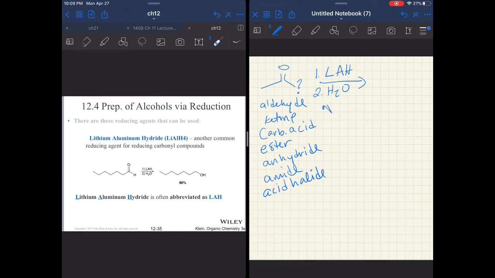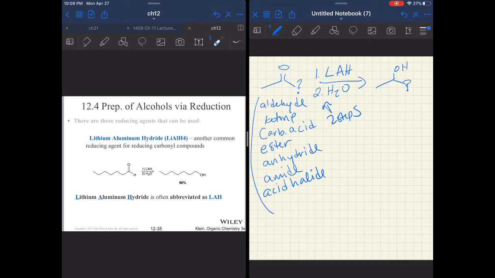This is 2 steps, and it has to be 2 steps. This is dangerous if you put them together. Water and LAH do not like each other. But it's much, much stronger, so you can reduce anything to an alcohol. Right? So it could be any of these, and you could reduce it down to an alcohol with LAH.